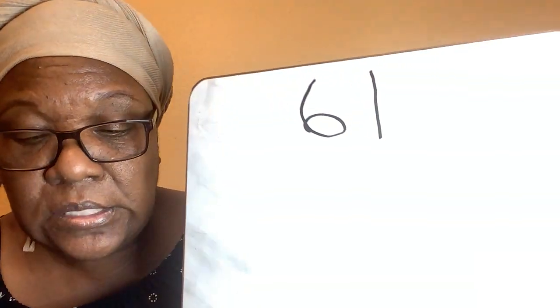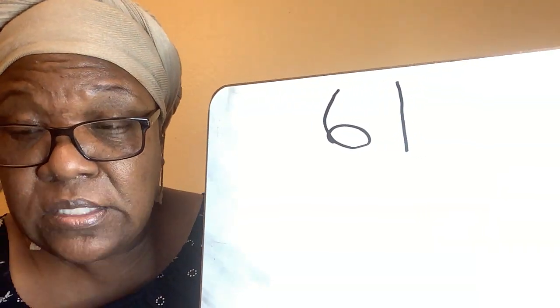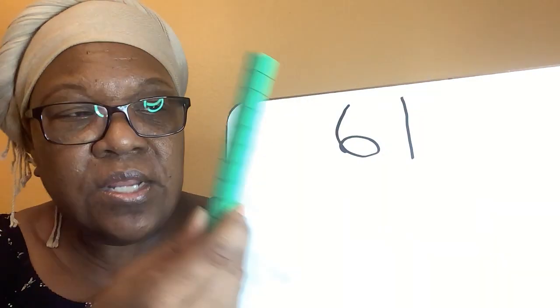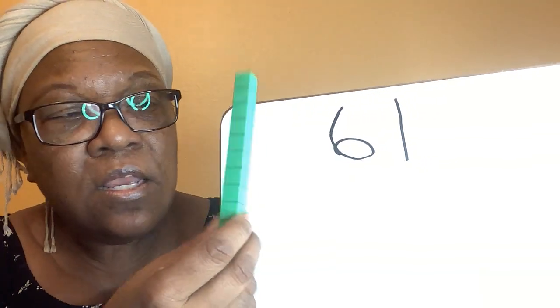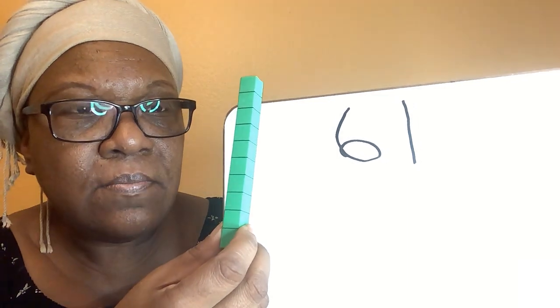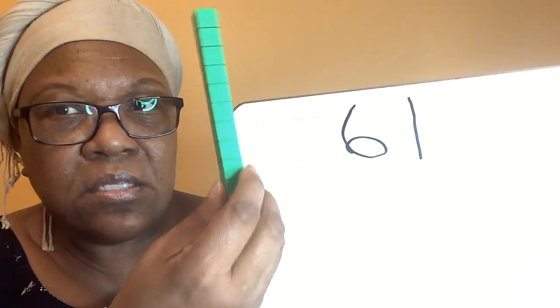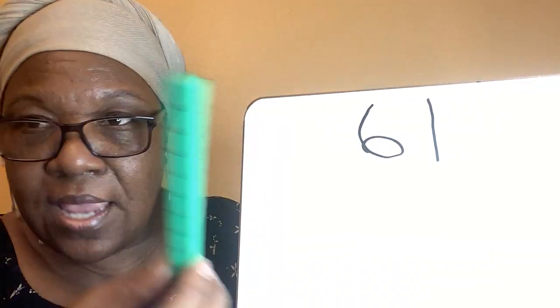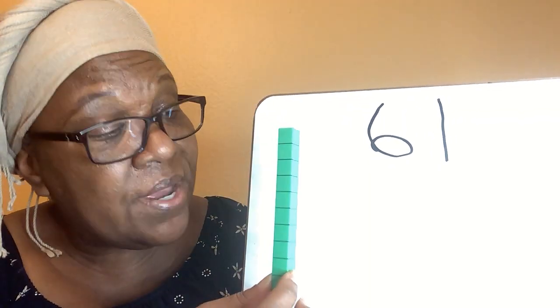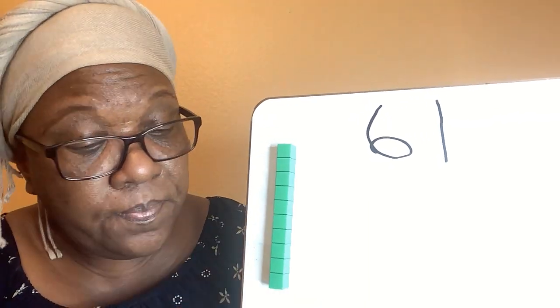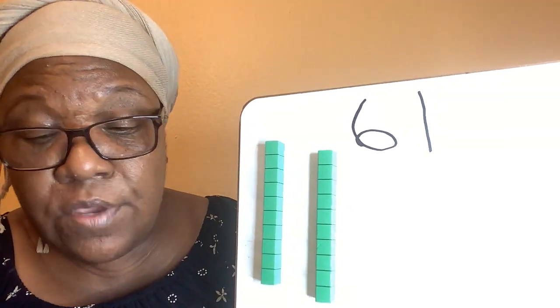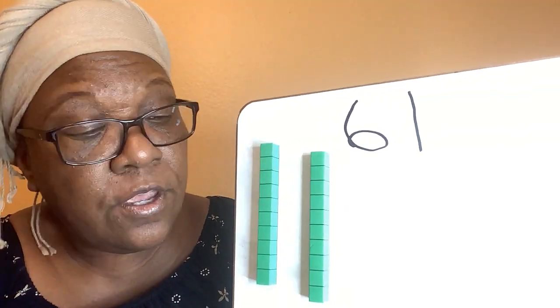So we're going to make 61. I want to show you how to make 61 using my tools. What is this tool called again? This tool is called tens. It's tens because it's 10 squares. So let's count by 10. This is 10. This will be what? Very good. If you say 20, that's good.